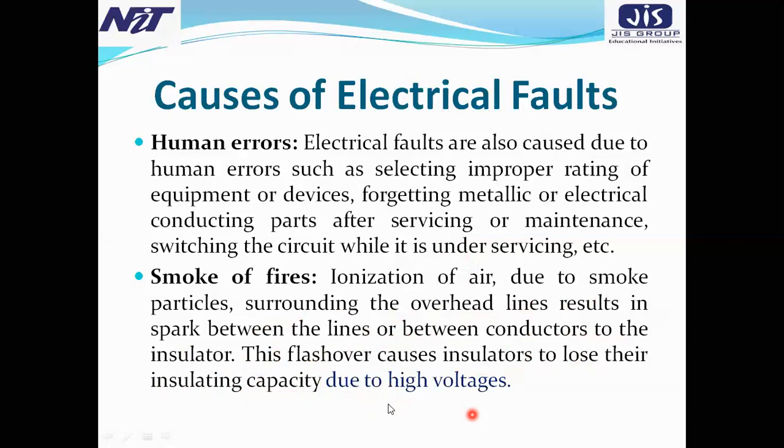So this is one of the reasons for this fault. So we have to realize all these things, how this fault is happening and what is the way to solve this type of fault.